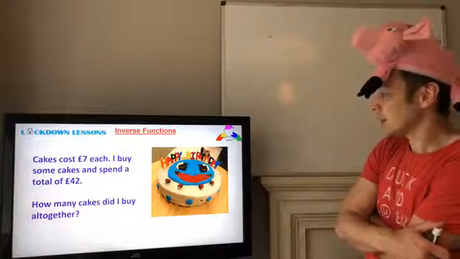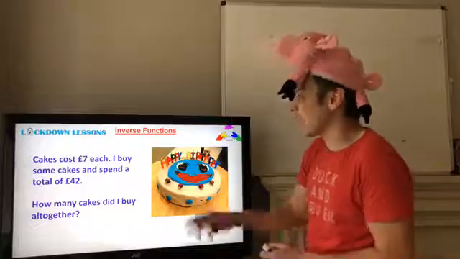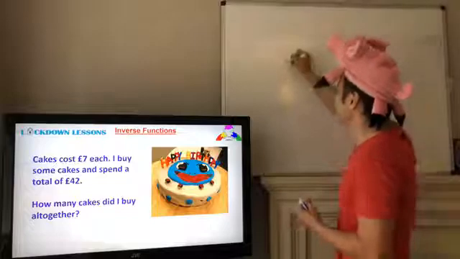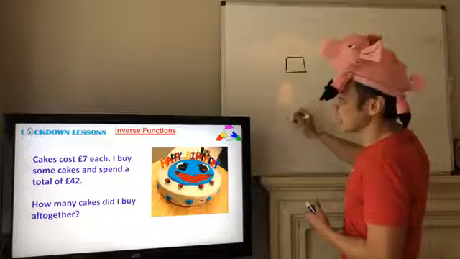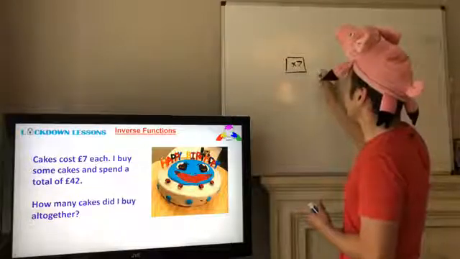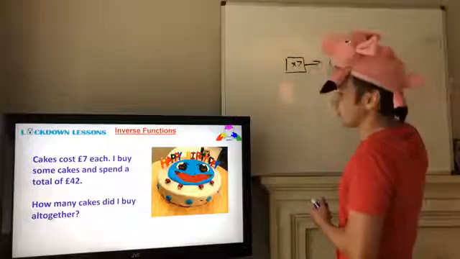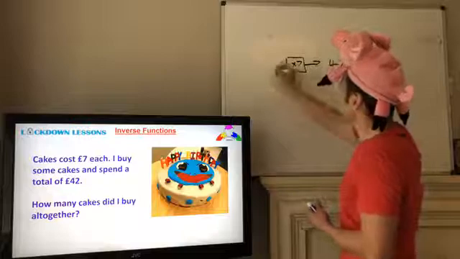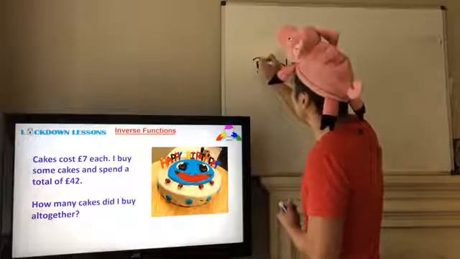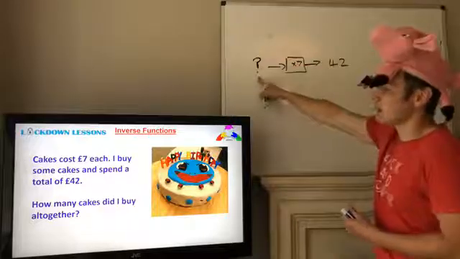Okay, yeah. Good. So to answer this kind of question, we would be looking at, instead of doing 42 times 7, because if this was a cake question, we know this. Cakes cost £7 each, so we would times by 7, and we end up with £42. So the question is, what goes into this function machine? How many cakes did I buy?